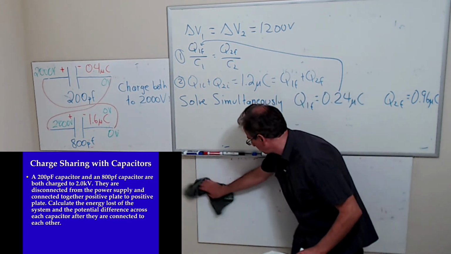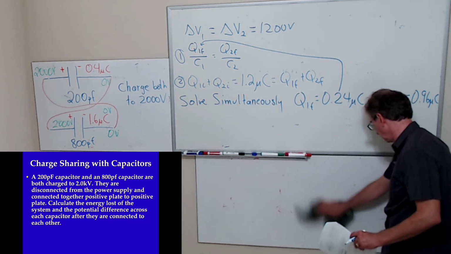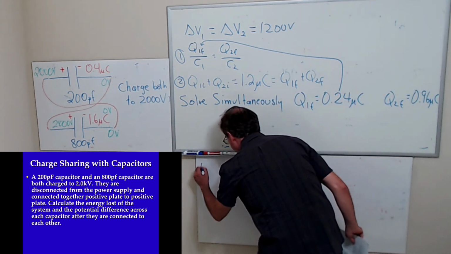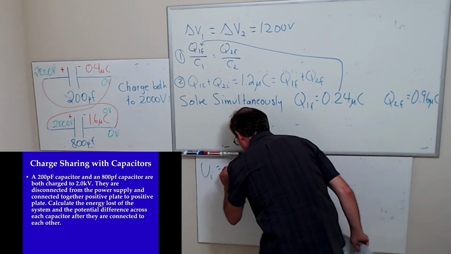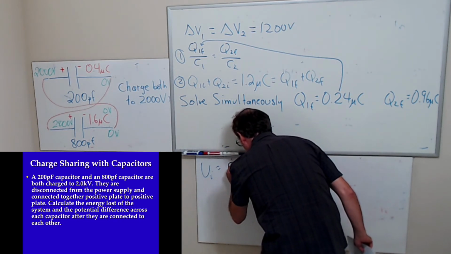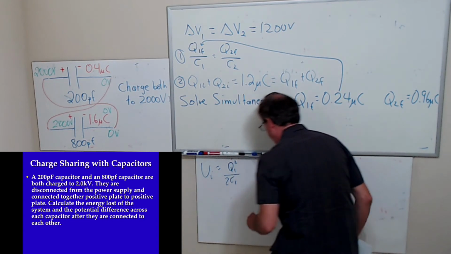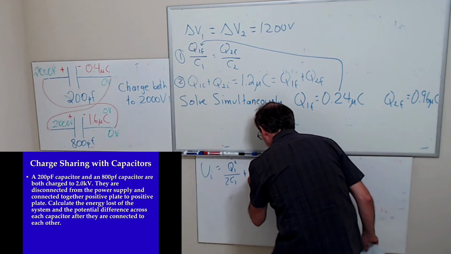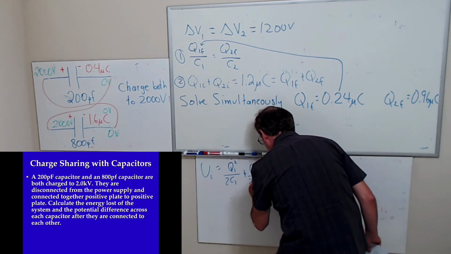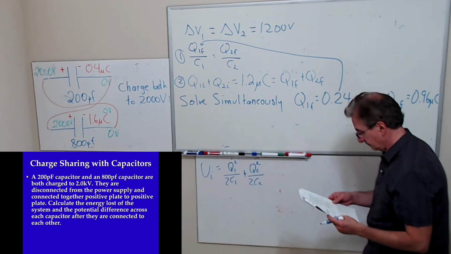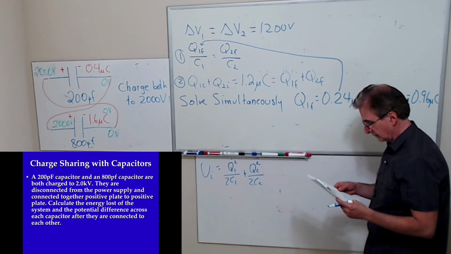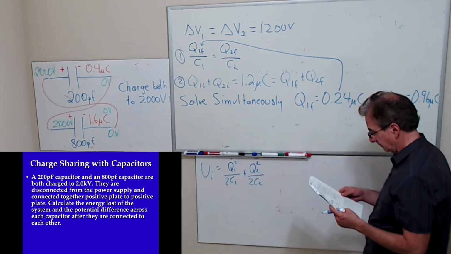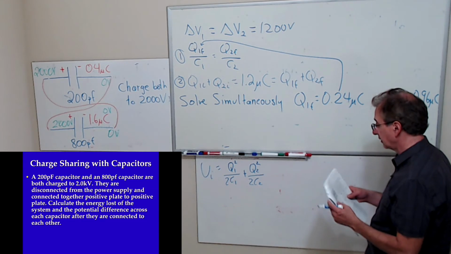So I'm going to write it this way. What I started with initially for the system is going to be Q1 squared over 2C1 plus Q2 squared over 2C2. All right, you can do it that way. That's what I started with initially.